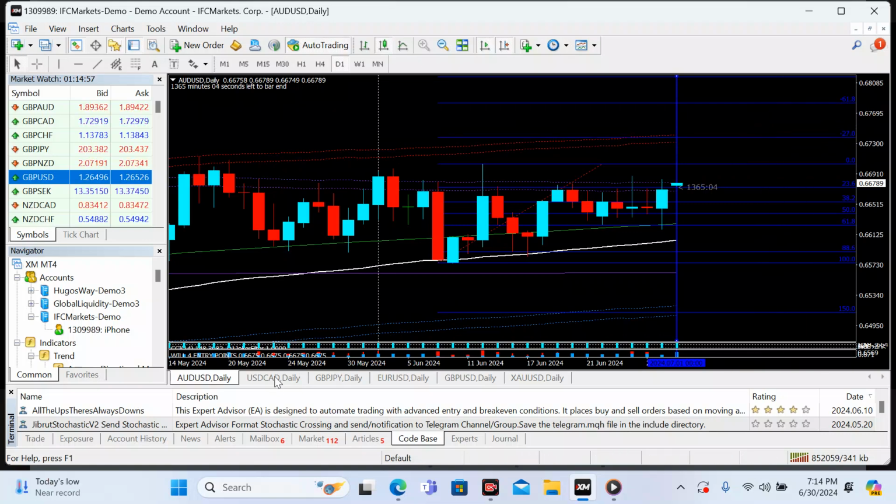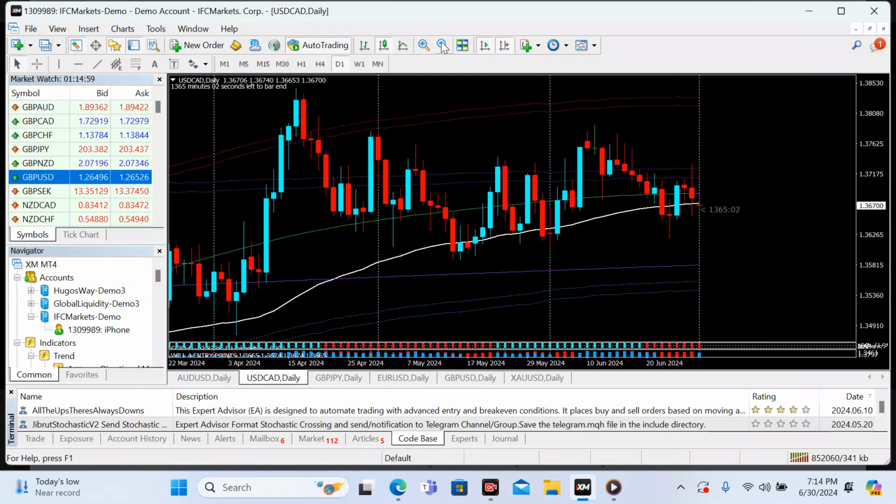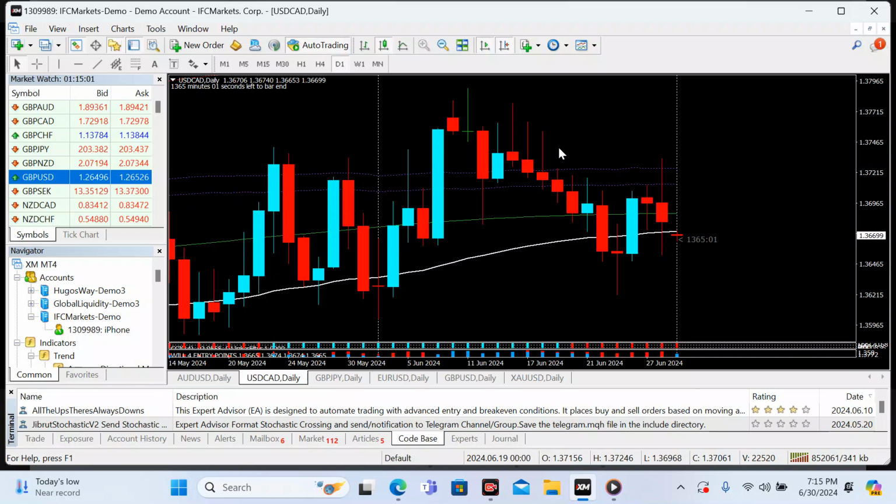All right, so boom, the correlator. You guys should know that these two pairs correlate with each other. So if AU is bullish, that means CAD should be bearish. But we have to still see what type of Fibonacci CAD is to determine that. As we can see for US CAD, let me turn off the separators, hit Control Y to turn off the separators.